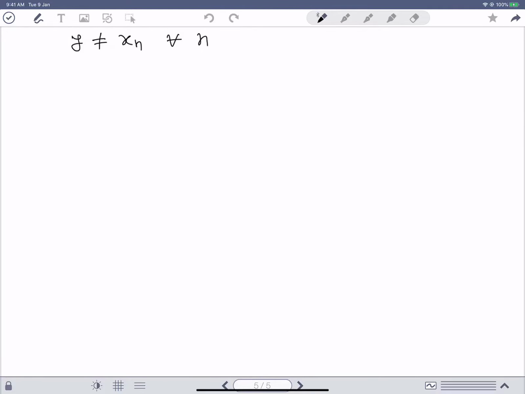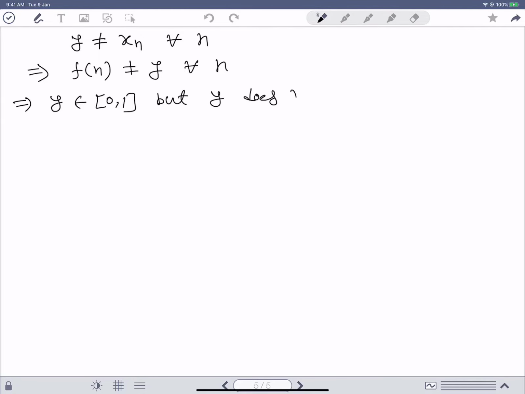In other words, f of n is not equal to y for all n. That implies y belongs to the closed interval 0, 1, but y does not have any preimage under the function f.